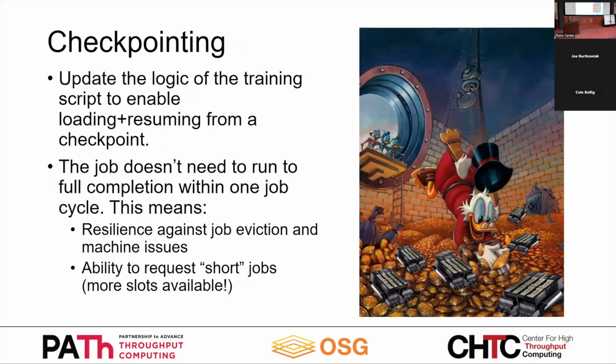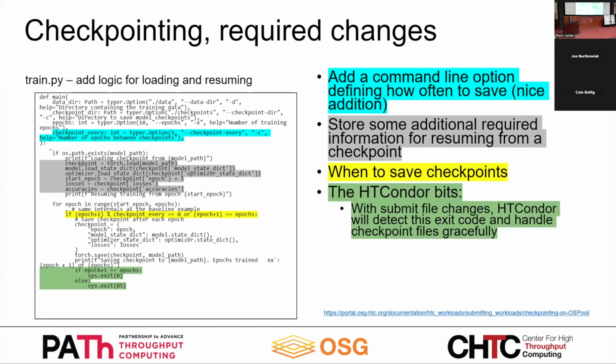One other useful tool is checkpointing your jobs, and for training, this is perfect. This provides resilience against job eviction. So if you checkpoint your jobs, they can restart at that checkpoint. Some required changes for that: you'll need an exit code that is printed out whenever you are checkpointing.